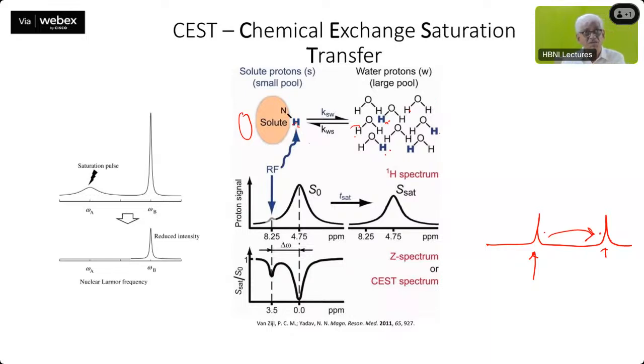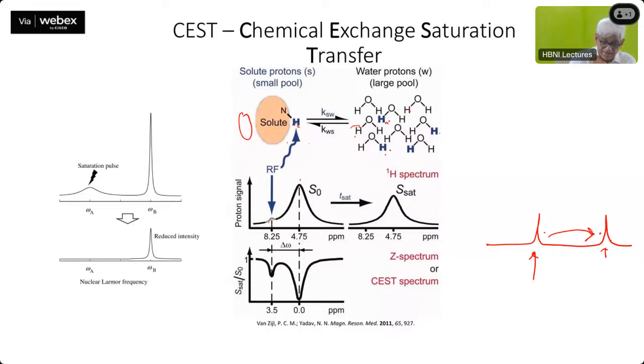If we continuously keep pumping energy in, although this concentration is very small, you can saturate a large amount of water protons. That is the trick which is used. Saturation transfer is used to enhance the transfer of information, and you will get the signal like that. For example, you have the proton signal here and the water signal here.